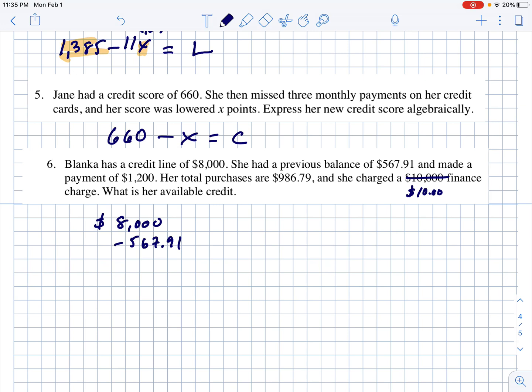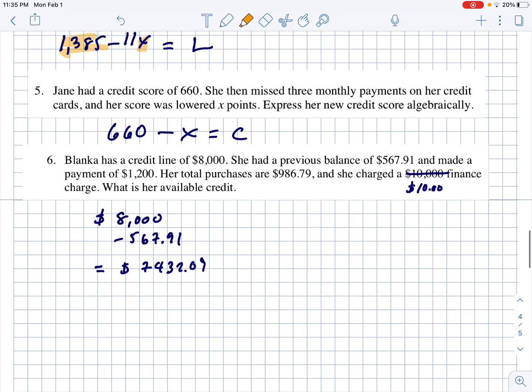Okay. 8,000 minus 567.91 equals $7,432.09. That's available. She also had a total of purchases of $986.